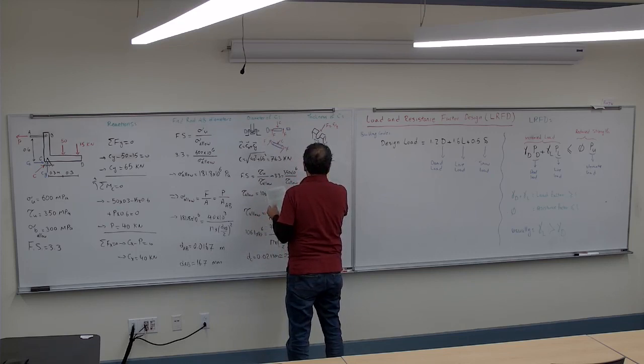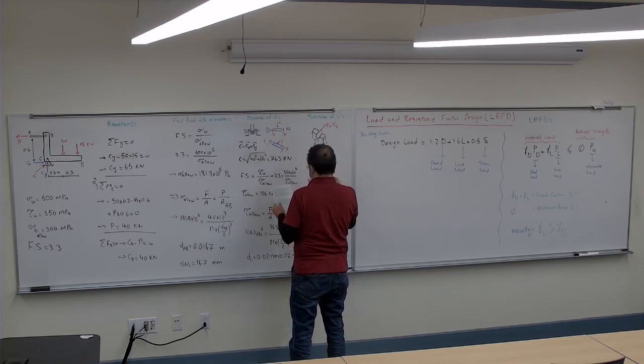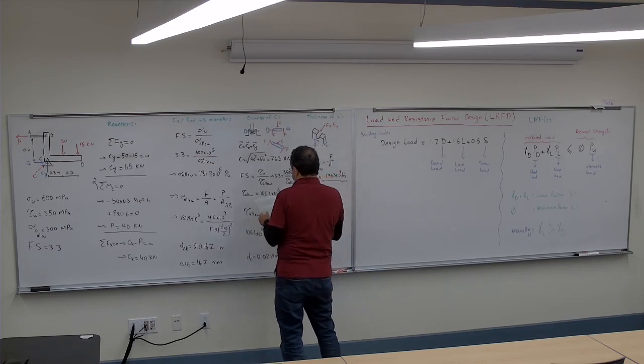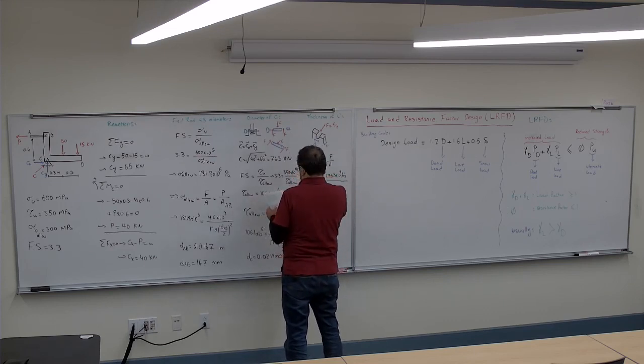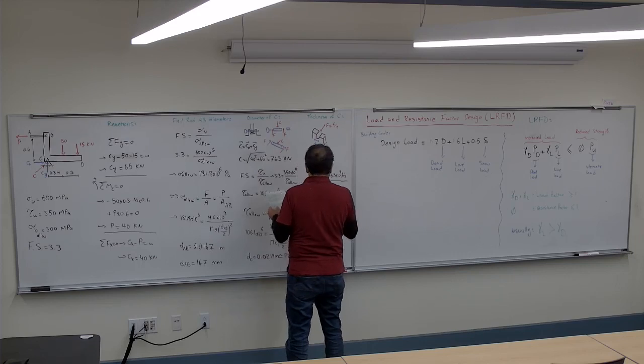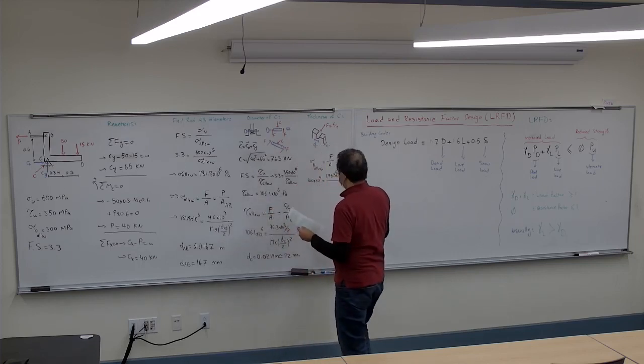So it's gonna be 300 times 10 to the 6 is equal to the force, which is gonna be 76.3 times 10 to the 3 divided by 2 and divided by area. What's gonna be the area?